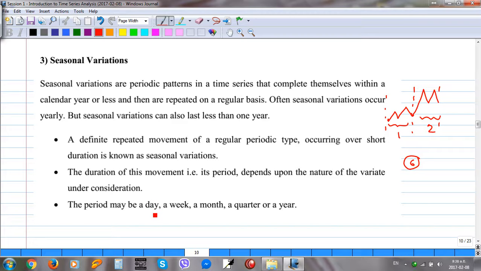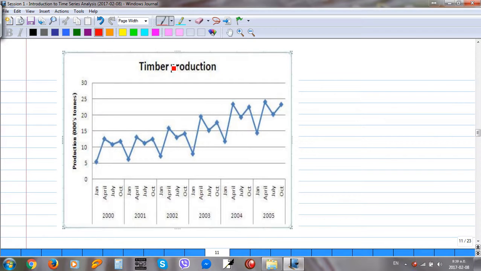This is an example, timber production. You can see the pattern is like this, and in the next year again the same pattern. So in every year you can see the same pattern, so this is a seasonal variation.